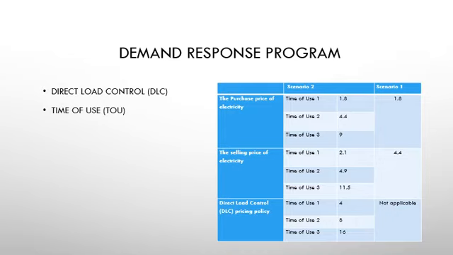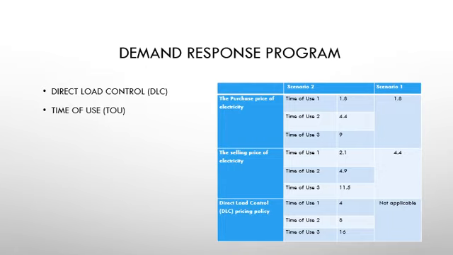The DRP consists of several parts, some of which are time of use and direct load control. Under a time of use program, our bill will be determined by how much energy we use and what time we use it. This price and peak times vary based on the season and the days of the week.